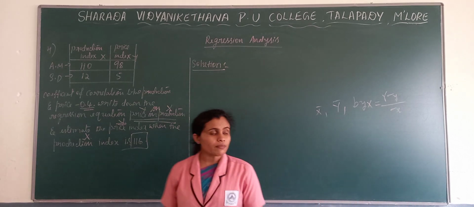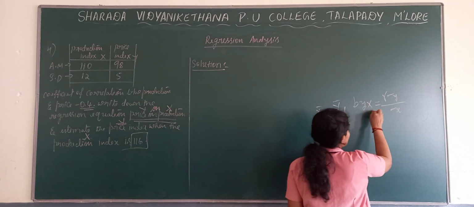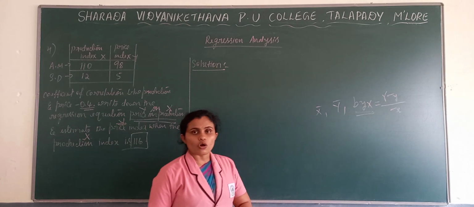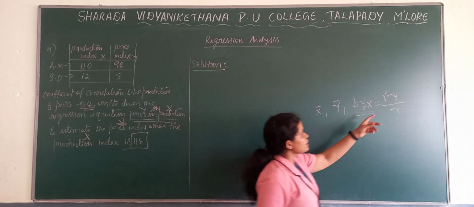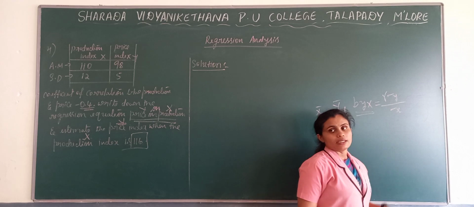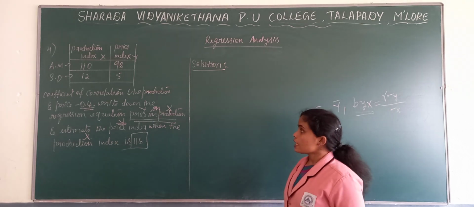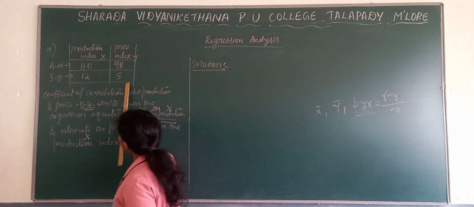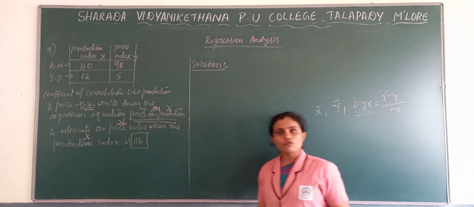So in this problem, in order to find out b y x, we need to use the formula of coefficient of correlation into standard deviation of y divided by standard deviation of x, because we have the value of standard deviation as well as coefficient of correlation.